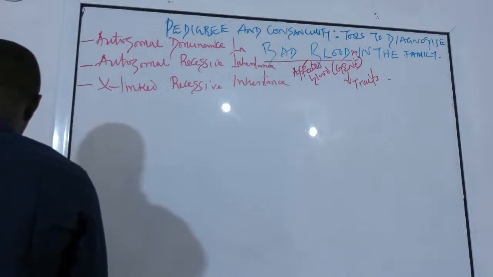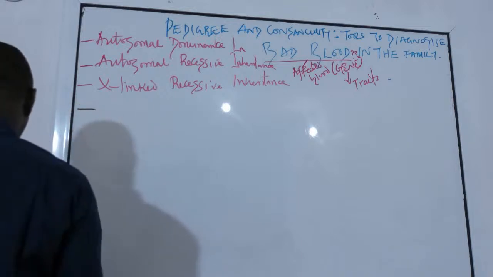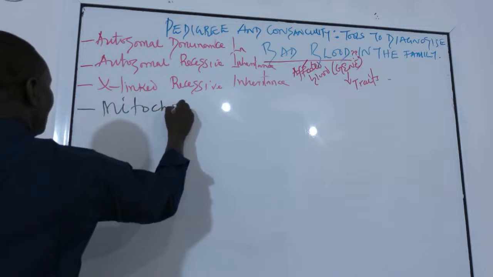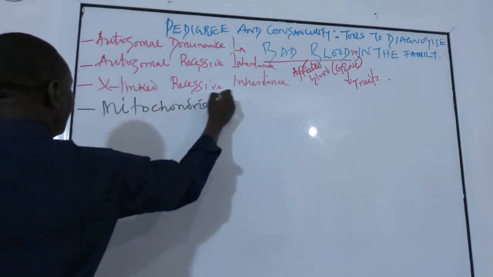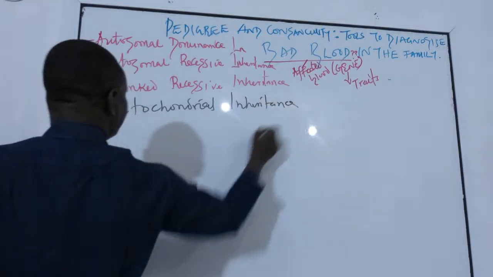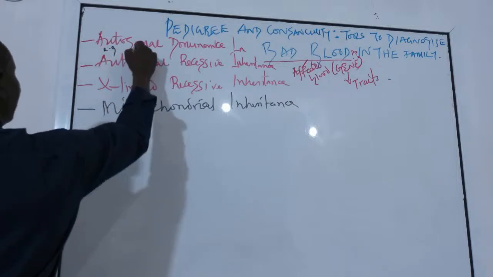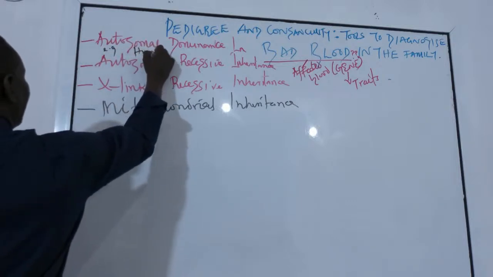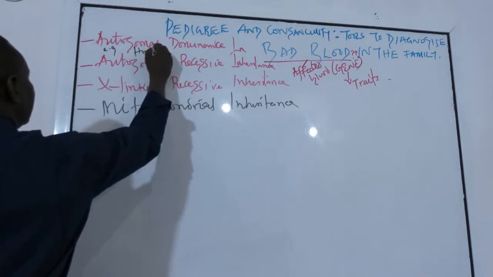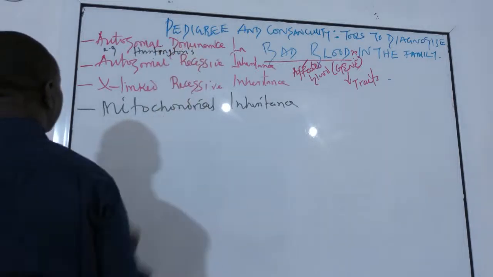If there is a bad blood that is only resident in mitochondrial DNA, what will be the pattern of inheritance? Mitochondrial inheritance. So don't forget, I cited the example of Huntington disease.